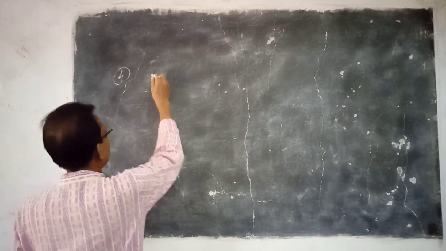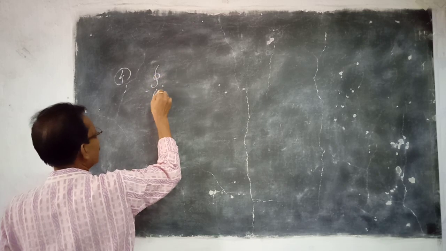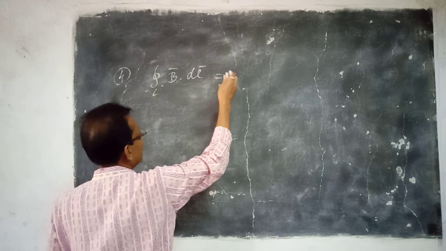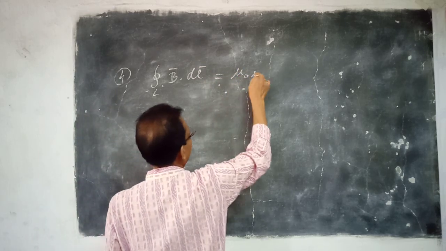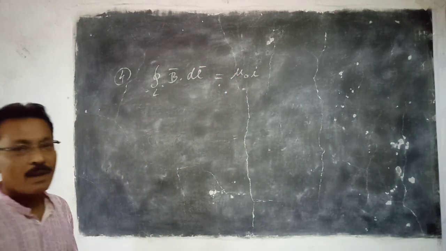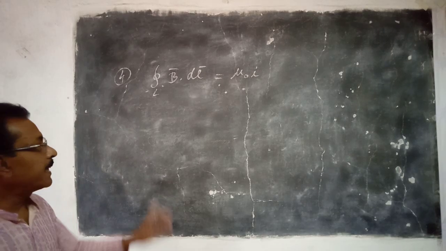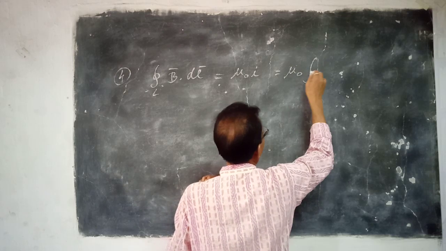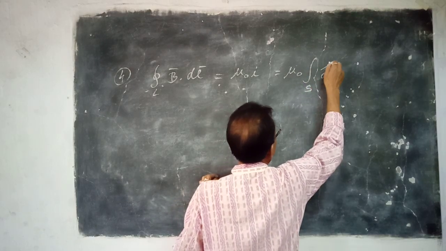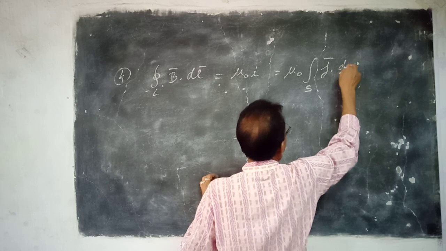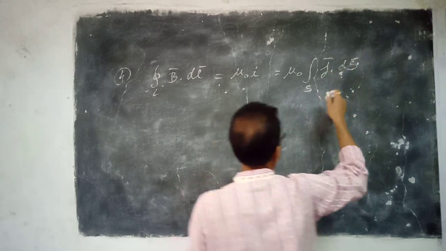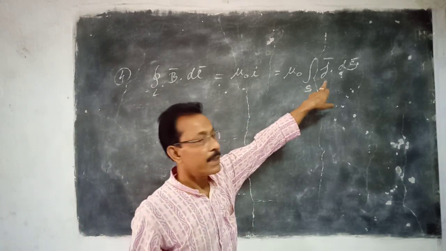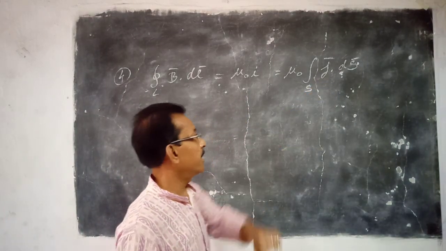Ampere's law is written as closed line integral B dot dl equals mu 0 I, the steady current through a wire. You can write it as mu 0 times the surface integral J dot dS. J is the current density, current per unit cross sectional area.